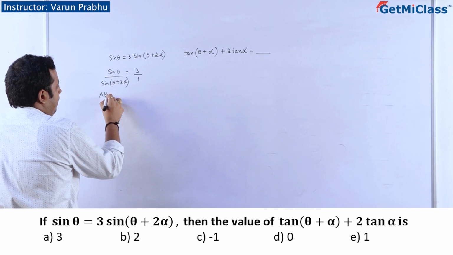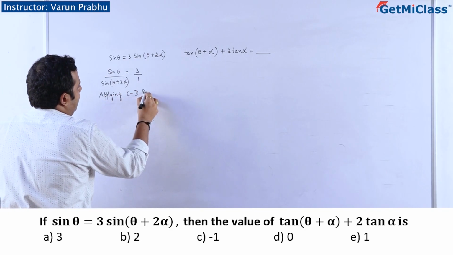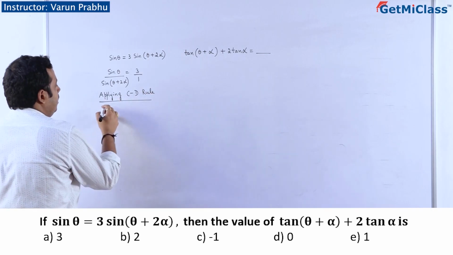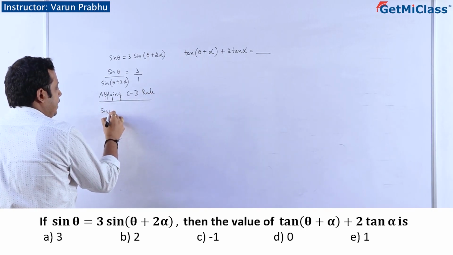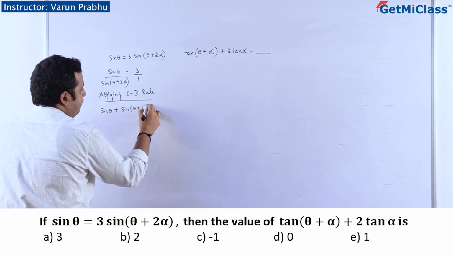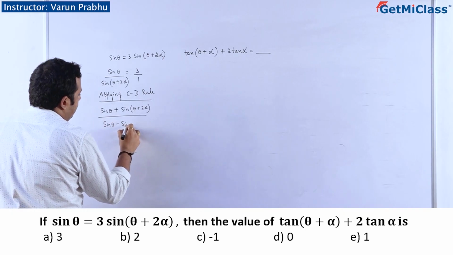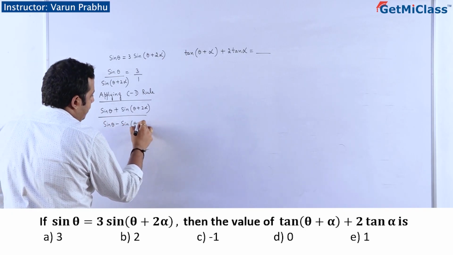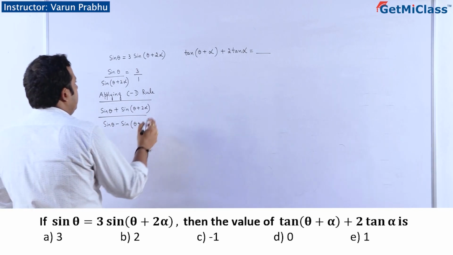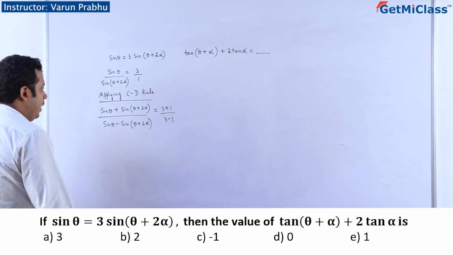So applying the componendo dividendo rule, I can say sine theta plus sine of theta plus 2 alpha divided by sine theta minus sine of theta plus 2 alpha, that is equal to 3 plus 1 divided by 3 minus 1. Is it okay?